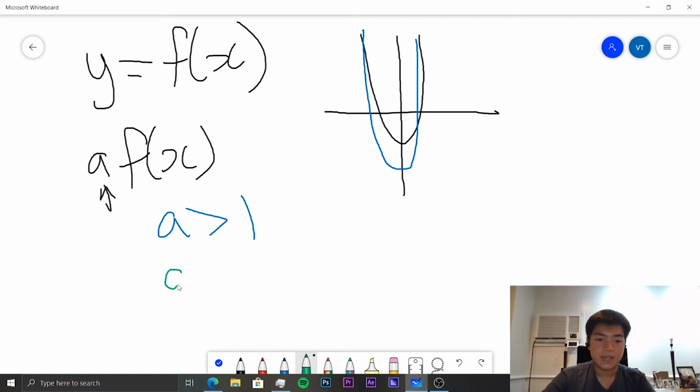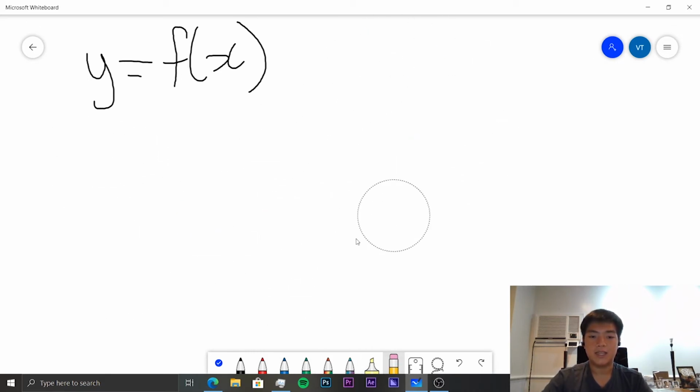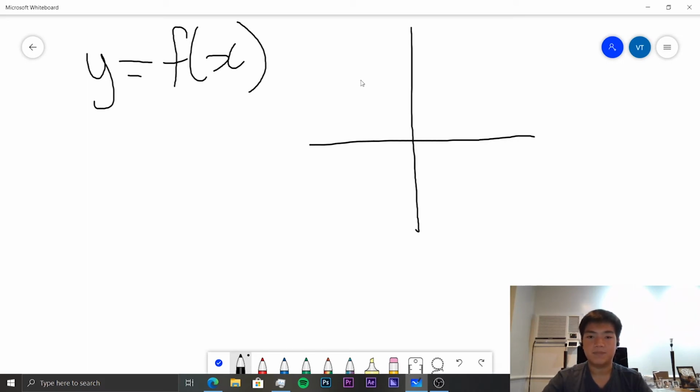But if instead a is less than 1, then the graph wouldn't be stretched, it would be compressed, and so it would be flatter than the original function. It looks something like that. That's it for vertical dilation, and now we need to talk about horizontal dilation, which is the stretching along the x-axis.